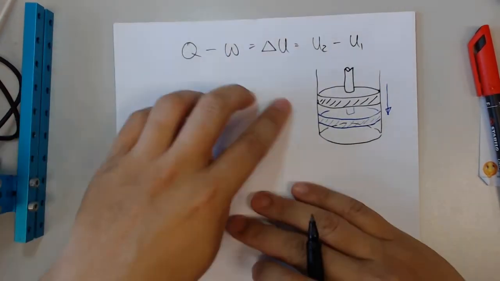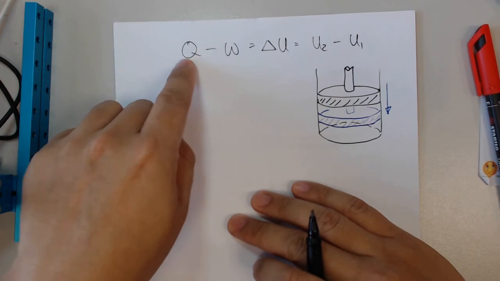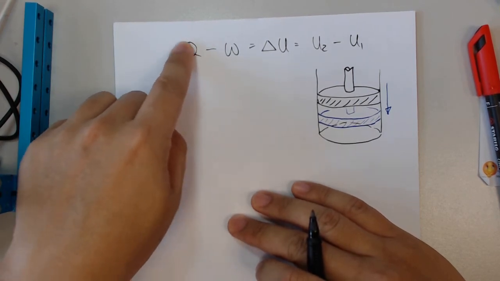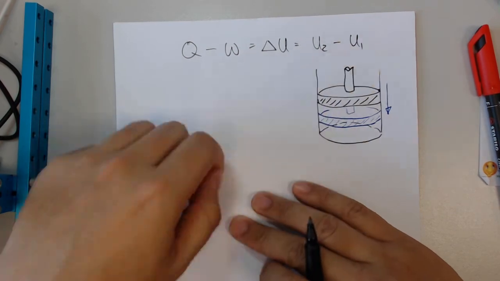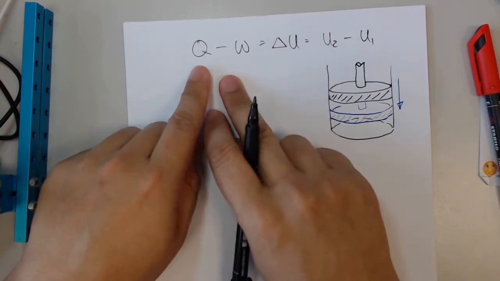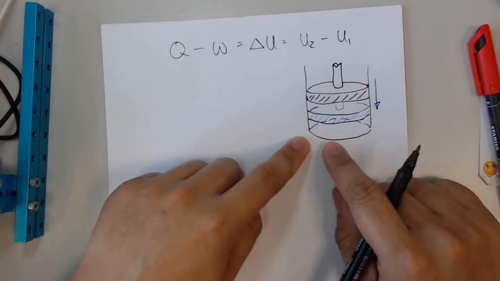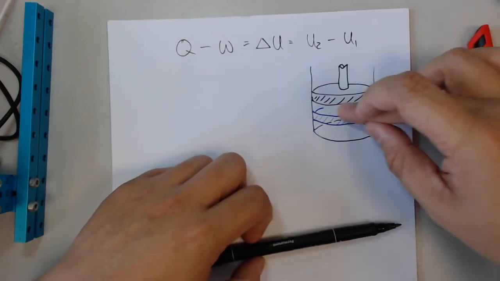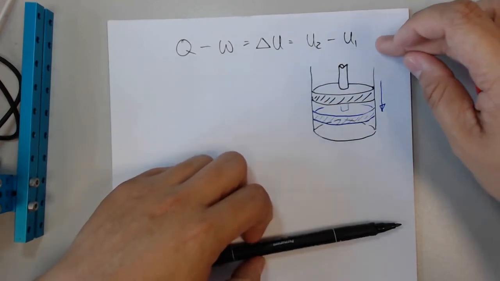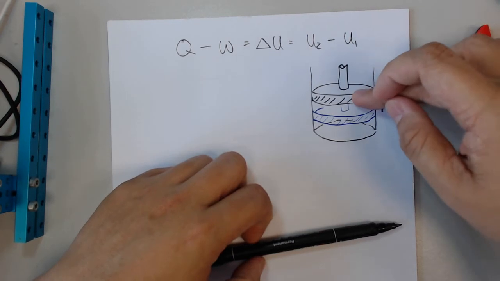And how you see this is basically like this. So let me give you this example. So heat can go from one form to the work form to the internal energy form. Let's say for this case, a cylinder with a piston, the air is inside, right? And somebody pushes the piston down.